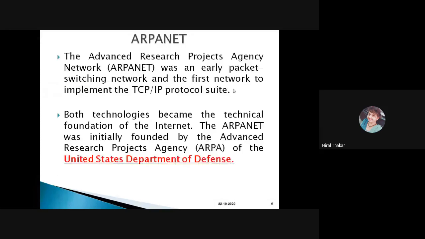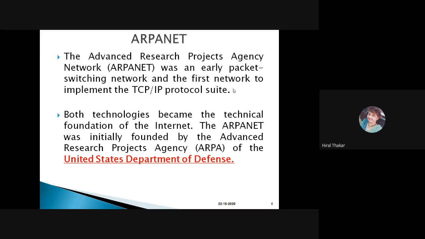ARPANET is a US agency network, the Advanced Research Project Agency Network. It was an early packet switching network and the first network to implement the TCP/IP protocol. So ARPANET was the first network in the history of the internet.